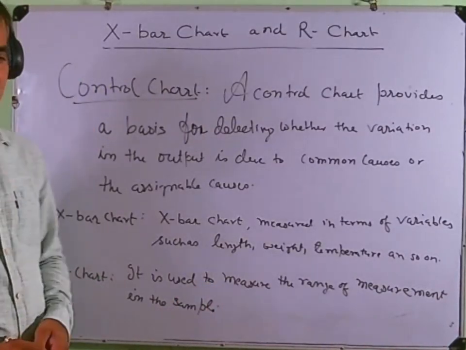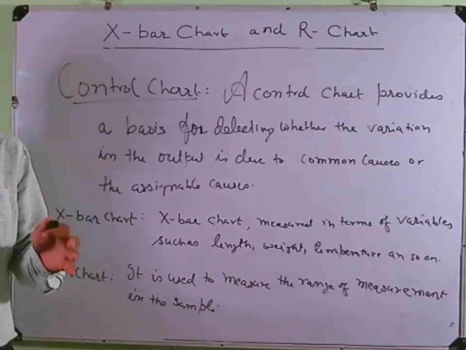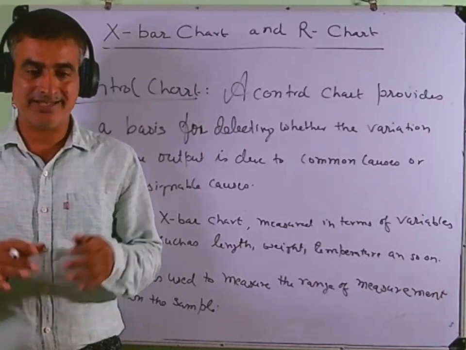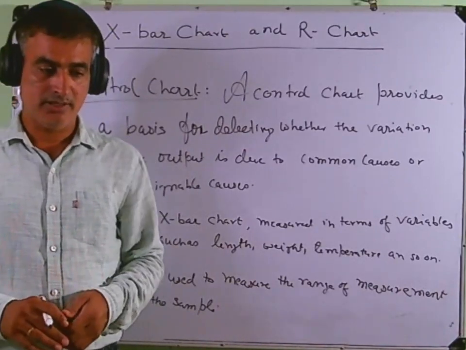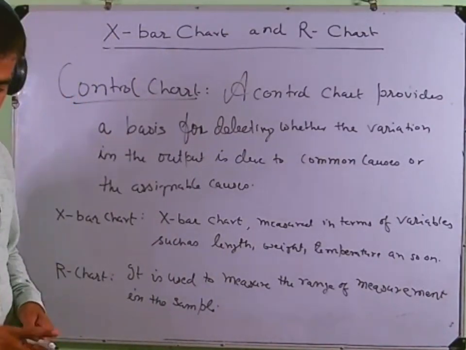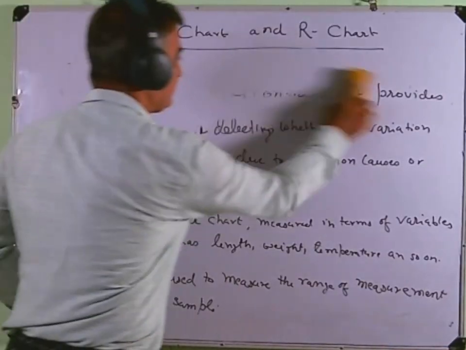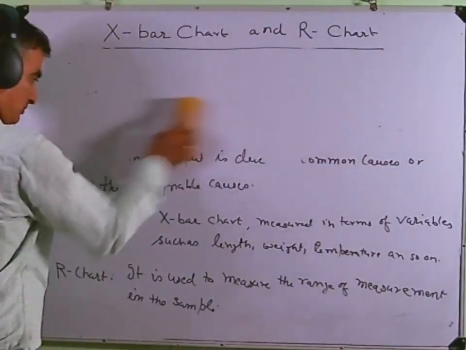Similarly, there are P charts that detect the proportion of defective items and NP charts that detect the number of defective items in the sample. So these were the types of control charts. Now I will talk in detail about the X bar chart.